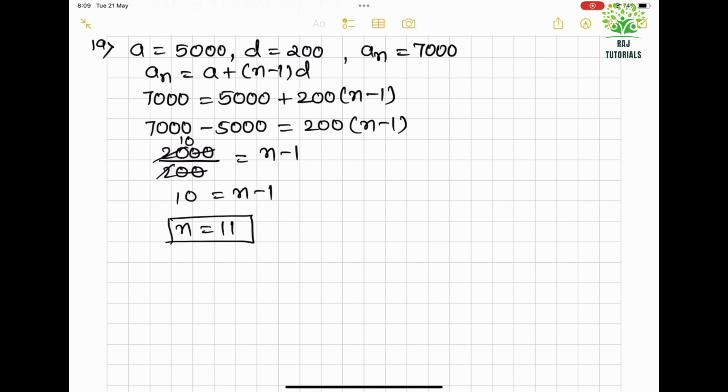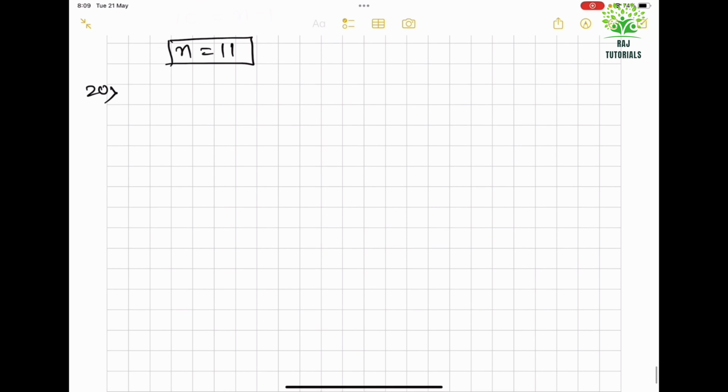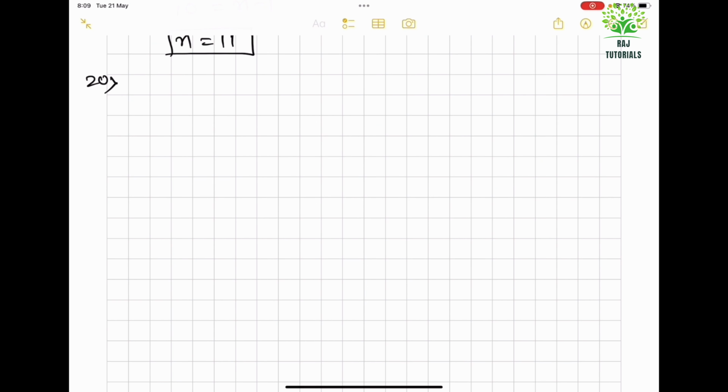Now the 20th one is: Ramkali saved rupees 5 in the first week of a year and then increased. Okay, so A is 5, and then increased her weekly saving by rupees 1.75. So D is 1.75.